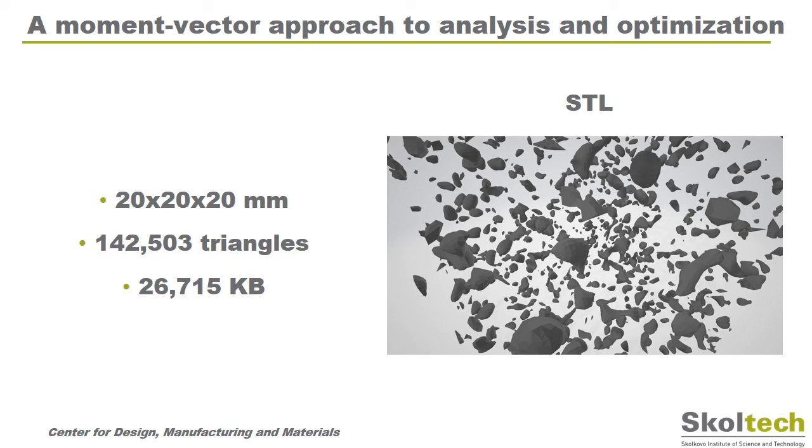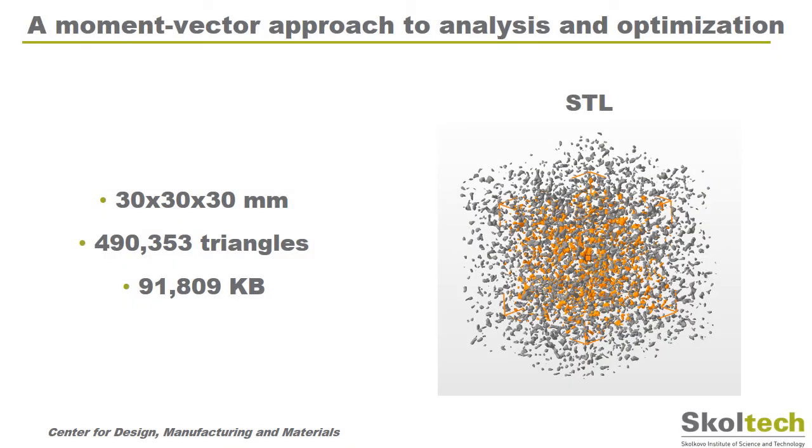It consists of 142,503 triangles, and its size is almost 27 megabytes. If we consider a slightly bigger structure with the same pattern, we would obtain almost 4 times more triangles in 3 times larger file. Of course, it leads to significantly harder computations during the simulation.